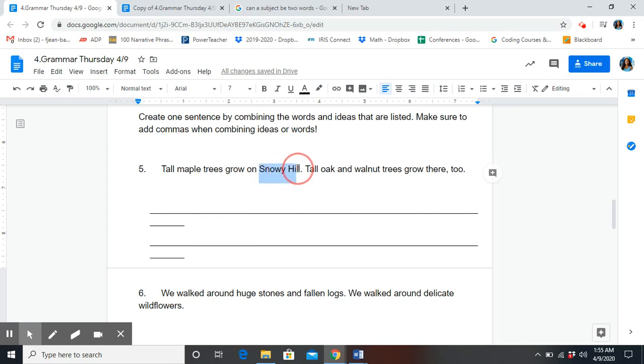That's correct, Snowy Hill. What is the sentence explaining about our subject? That Snowy Hill has tall maple trees, tall oak, and walnut trees that grow there. Now remember, when creating our sentence, two things that you can apply are that commas are placed after each word or phrase in the series, except the last word. Also, a conjunction is added before the last word or phrase in the series.